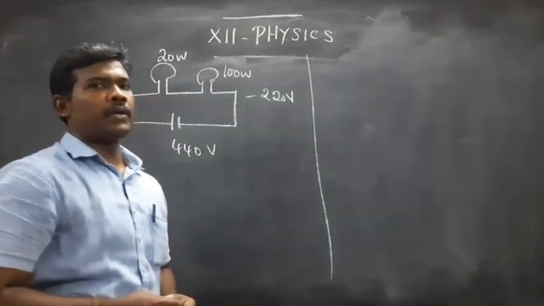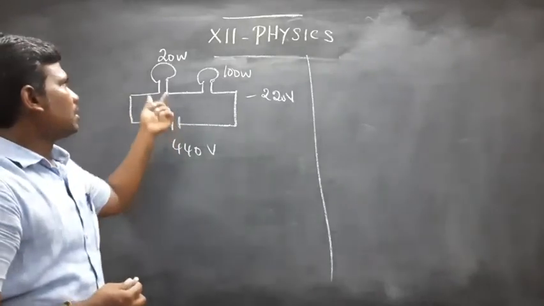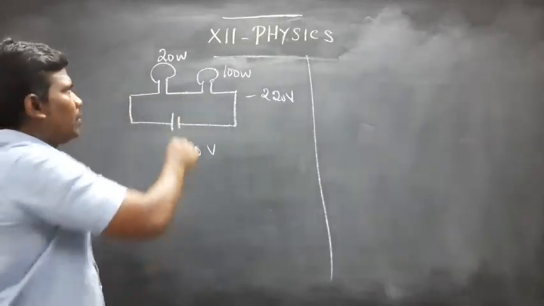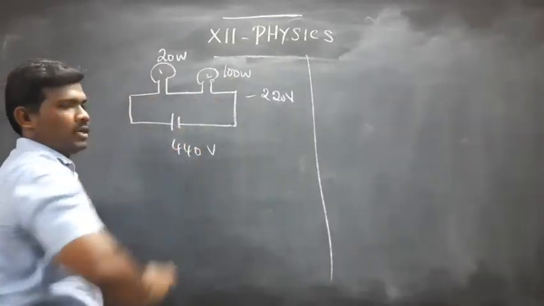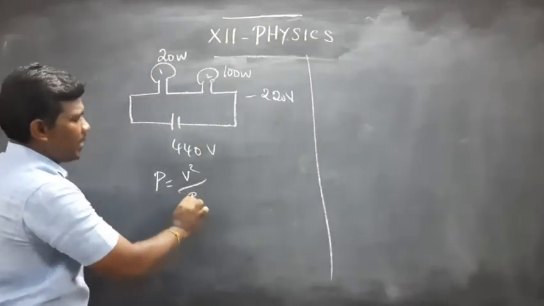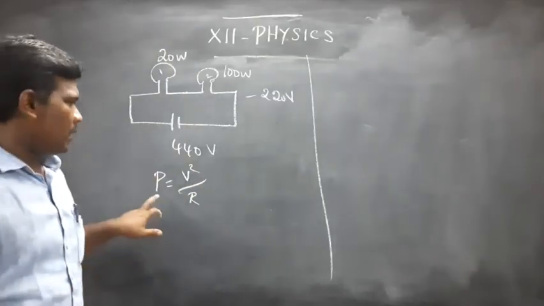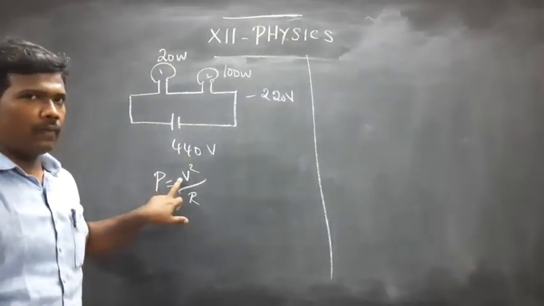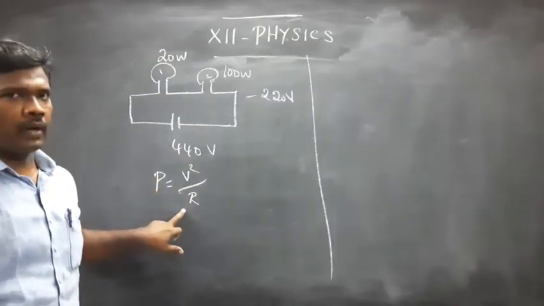First of all, we are going to calculate the resistance of bulb 1 and bulb 2. Consider this as 1 and this as 2. We have the formula for power, P = V squared divided by R. We know the value of power and we know the value of voltage, so we can easily calculate the R value.